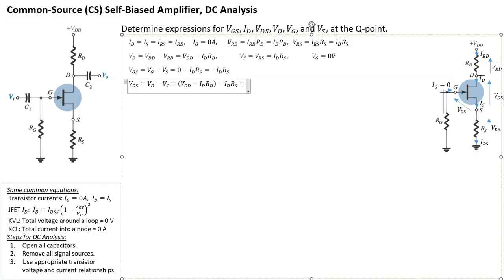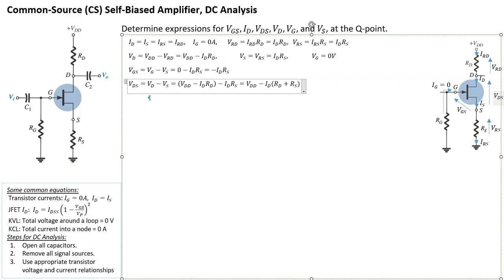So we can combine the IDs together, and what you're left with is VDD minus ID multiplied by (RD plus RS). So that's the expression for VGS and the expression for VDS.